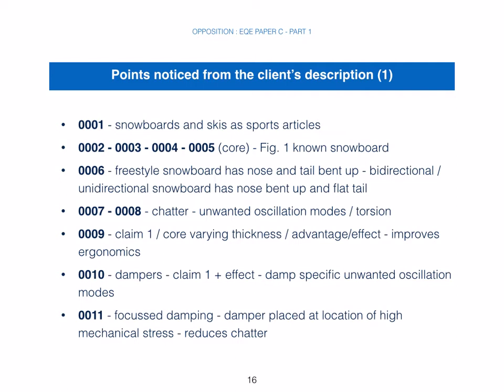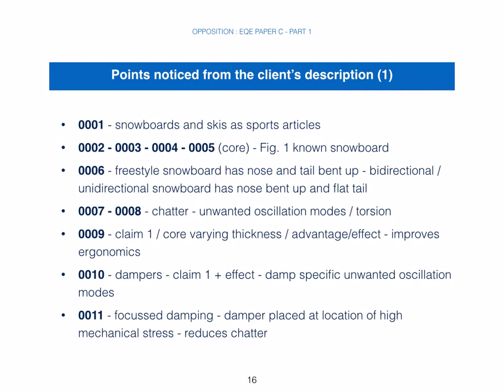Paragraphs 2, 3, 4, and 5 talk about the core, and it talks about figure 1 known snowboard. Figure 6, paragraph 6 shows or talks about a freestyle snowboard which has its nose and tail bent up.